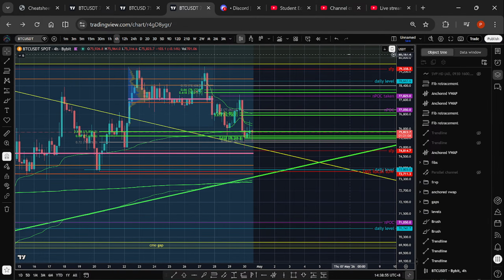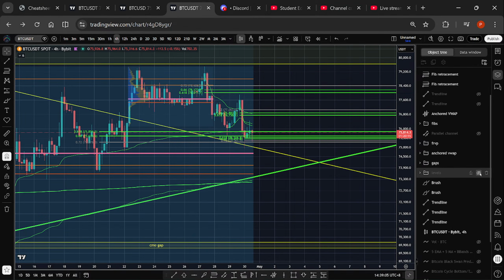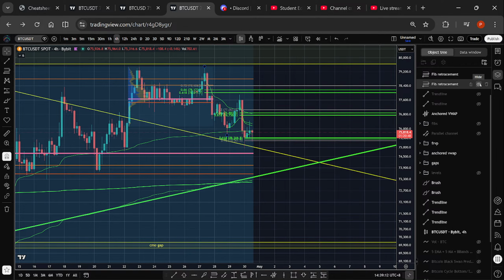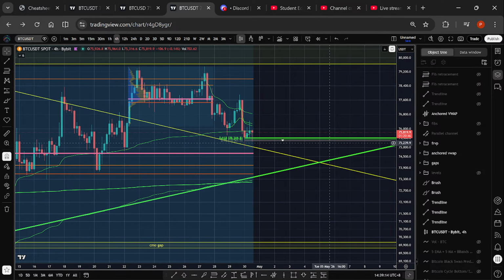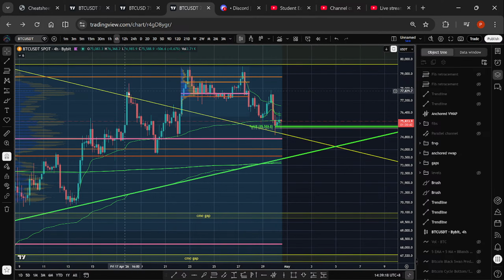This is the CME gap up the top here that I said it would front run, which it did. So we can see it a little bit better. You can see it came up.